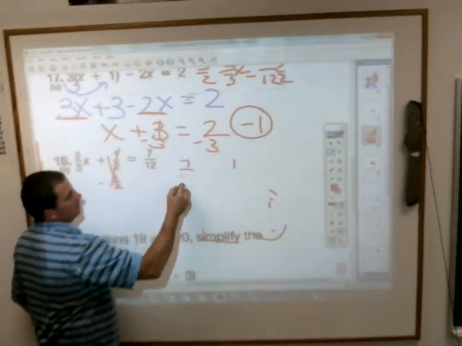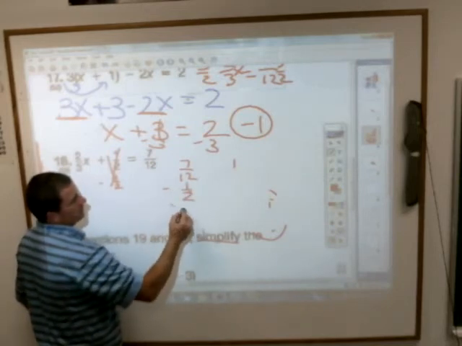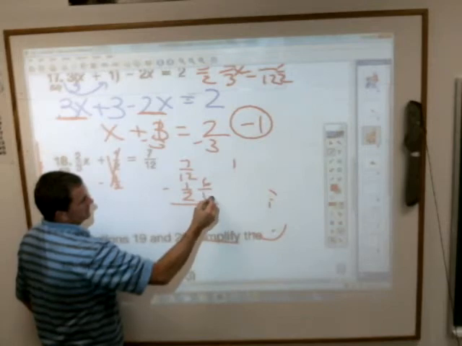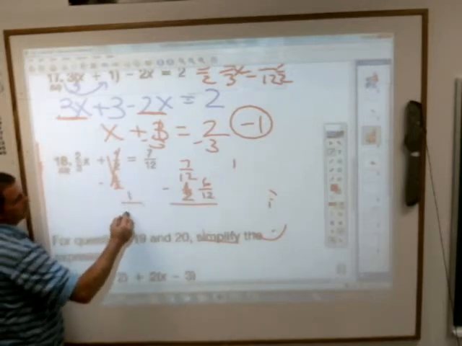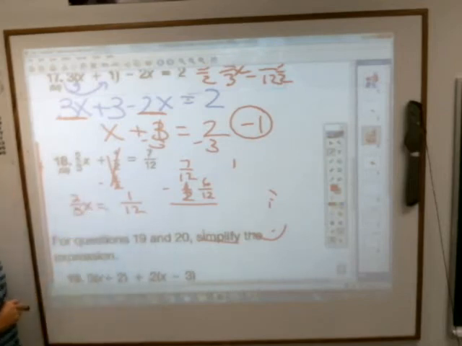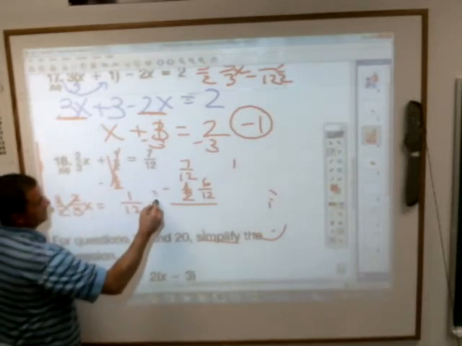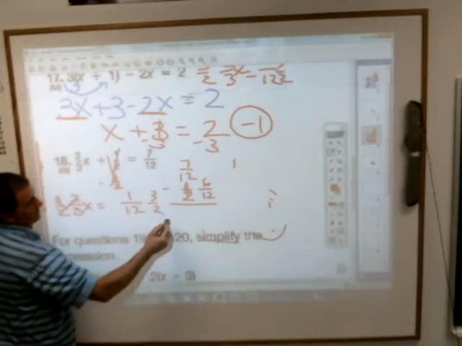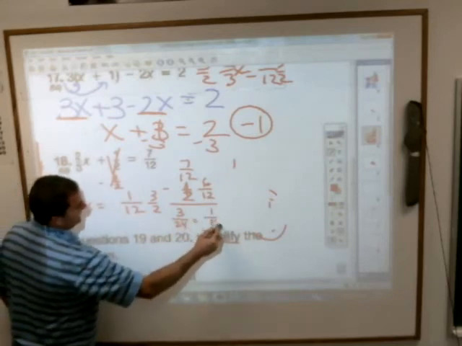So 7/12 minus 1/2, and 1/2 is the same as how many 12ths? 6/12. So 7/12 minus 6/12 is 1/12. Now I have 2/3 x equals 1/12. How do I solve when there's a fraction in front of a letter? Flip and multiply. If I multiply by 3/2, I multiply this by 3/2. It ends up being 3 over 24, which you can reduce down to 1 over 8.